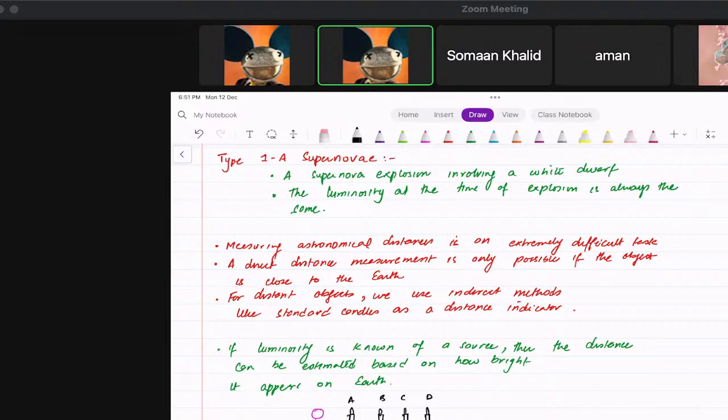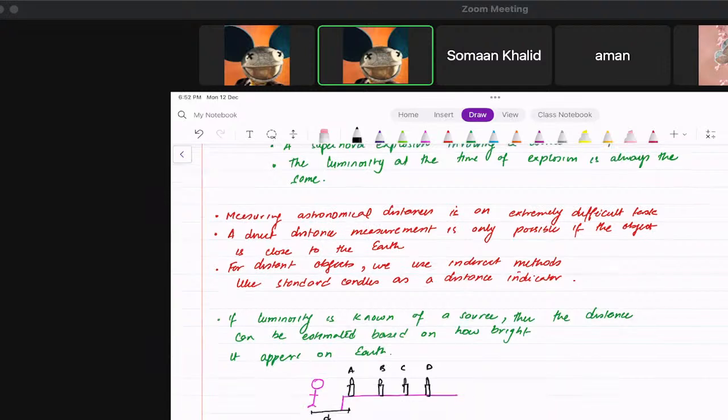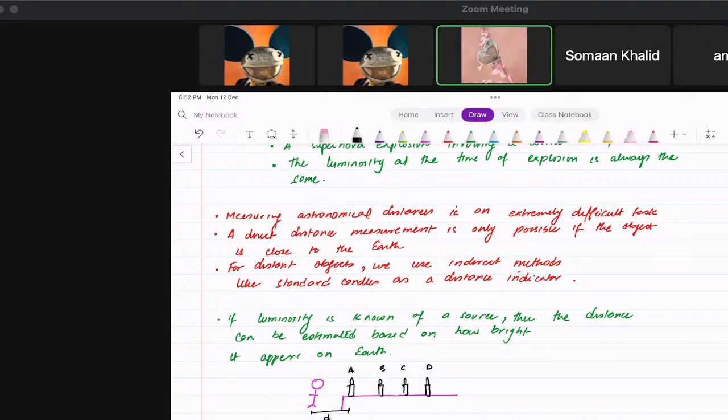Suman, Aman, Gatika, amongst all of these, which candle is going to be the brightest, although they're providing the same amount of light, so the luminosity is the same? No, the one that is closest to you. That's A.